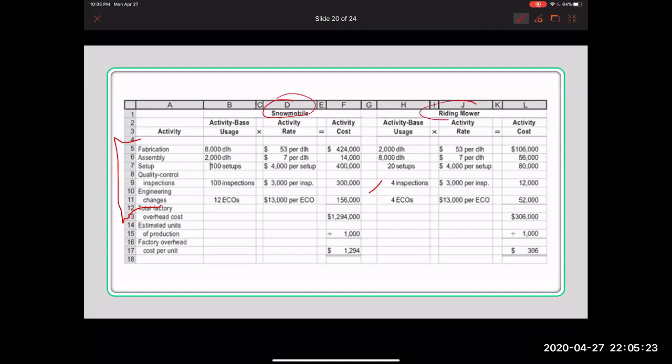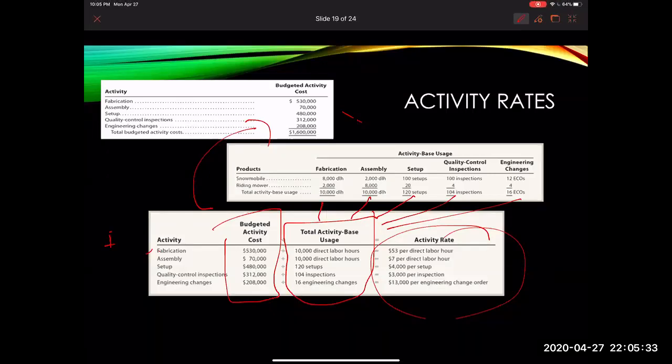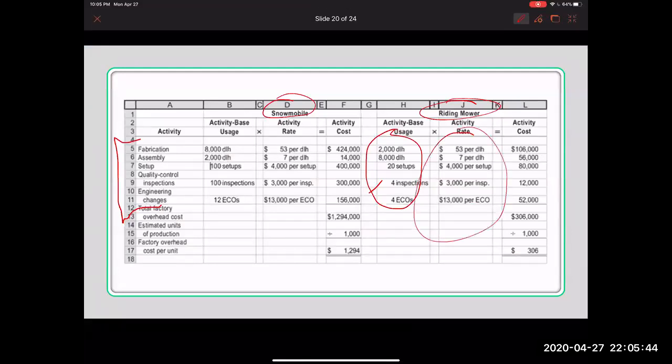And then you do the same thing for the riding mower, right? All of this information is coming from here. It's a little messy, sorry guys. But all of that information is coming from these specific lines, okay? Once you figure out the rates, they never change, right? These are the rates no matter what. And so then we calculate all of the activity costs for just the riding mower, okay?